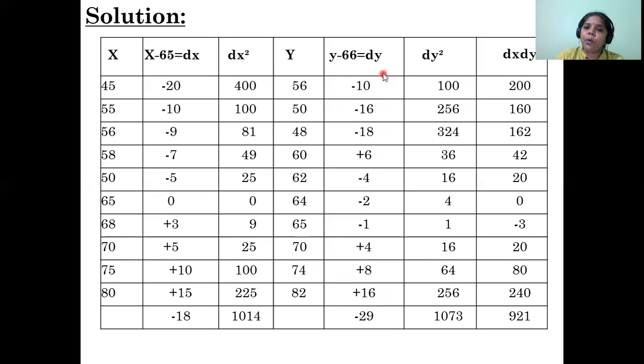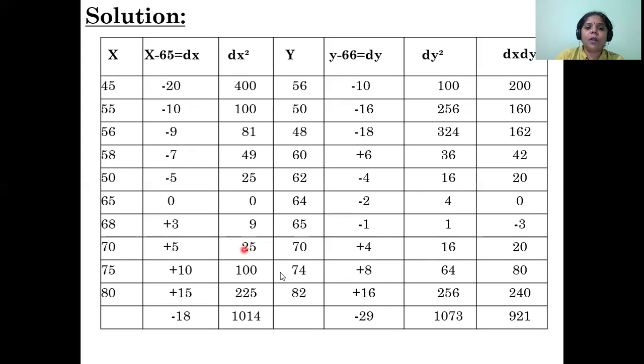Next, what should we do? We have to change the dy values into dy square. See students here, 10 has come, so here we make it 10 into 10, 100, 16 into 16, 18 into 18, 6 into 6, 4 into 4, 2 into 2, 1 into 1, 4 into 4, 16, 8 into 8, 64, 16 into 16, 256.